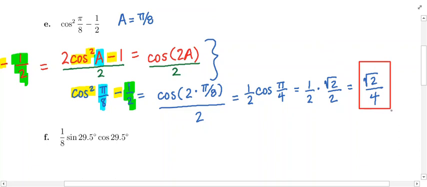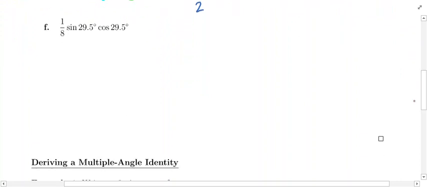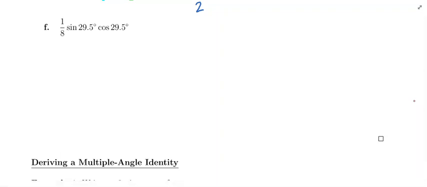One more. In part F, our expression is 1/8 times the sine of 29.5 degrees times the cosine of 29.5 degrees. Again, I need to match this up with a formula.